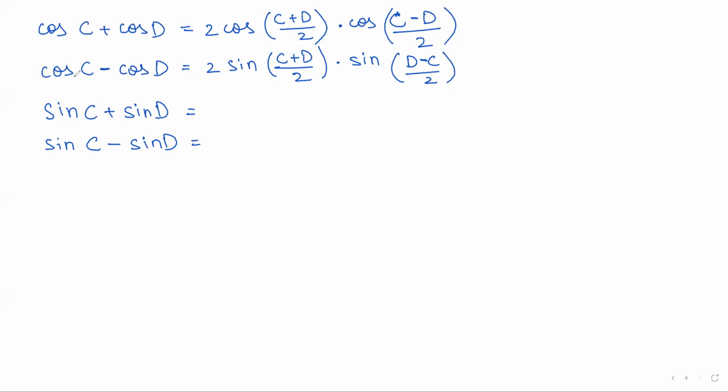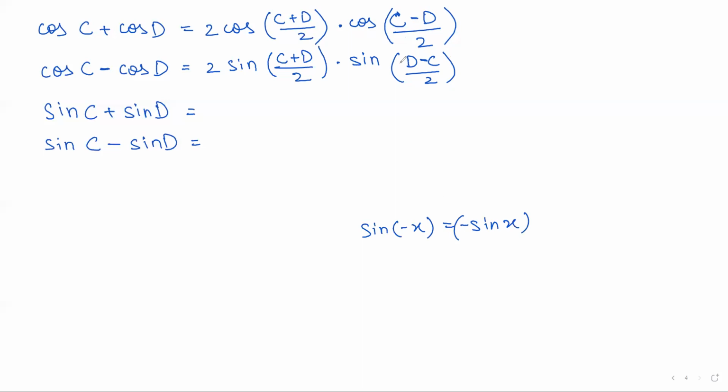Observe, cos C minus cos D. That means here C is your first angle and D is your second angle. Second angle minus first angle divided by 2. If you take the minus sign common from the second term, you will get C minus D upon 2. We know that sine of minus x is equal to minus sine x.